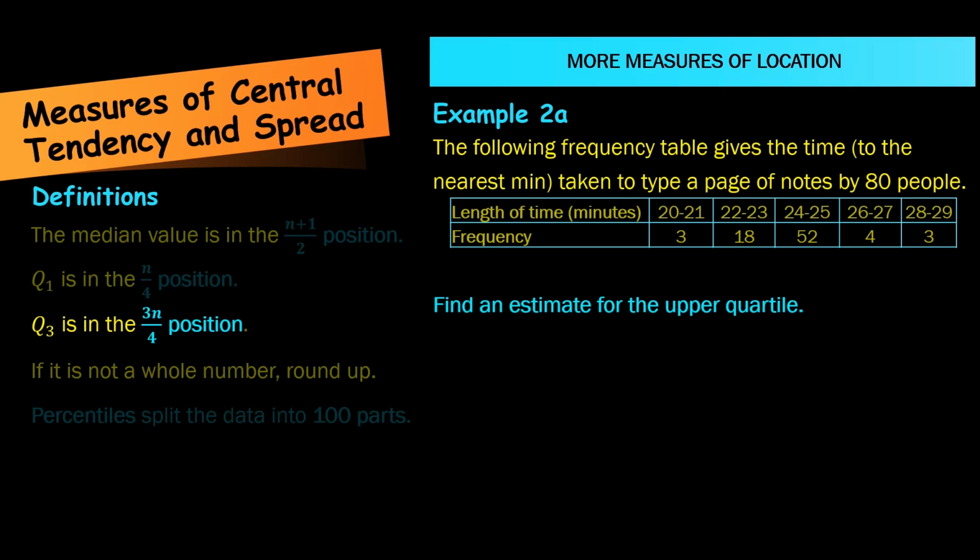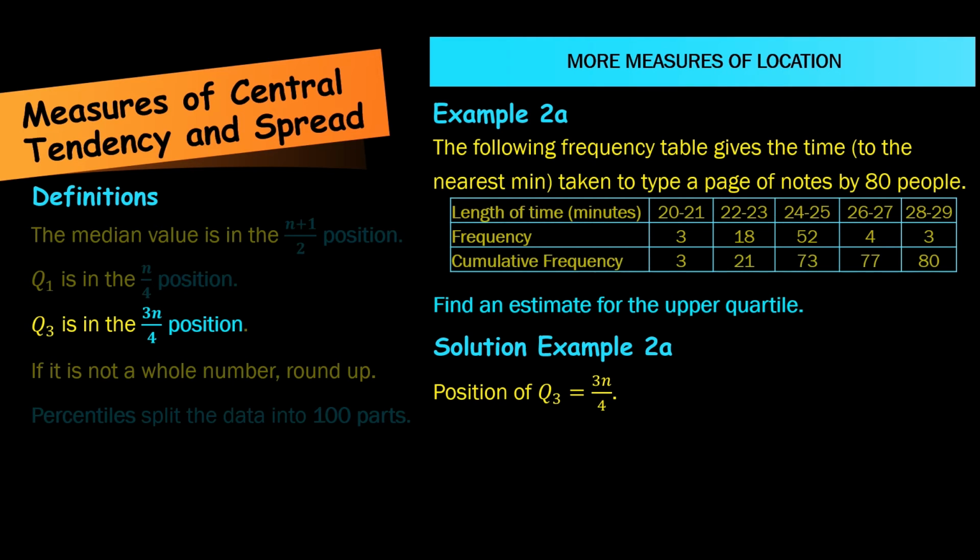So of course, the upper quartile is Q3, which is in the 3n over 4th position. So solving this, we're going to plug in n equals 80 into our formula for the position of Q3, so that we have 3 times 80 over 4 being the position of Q3.